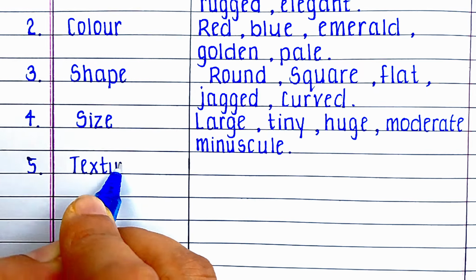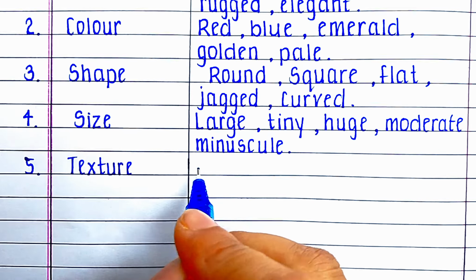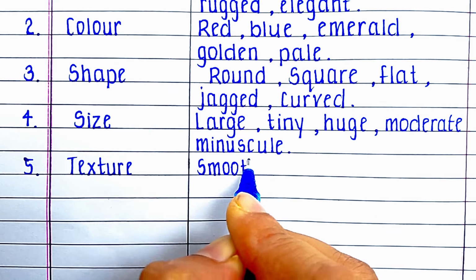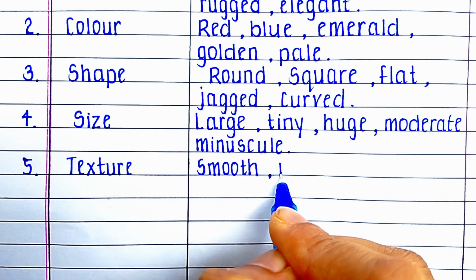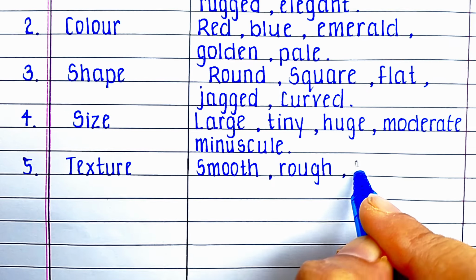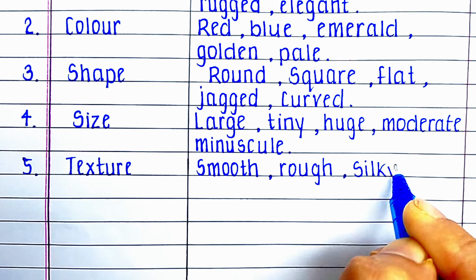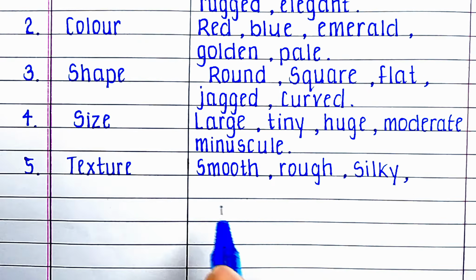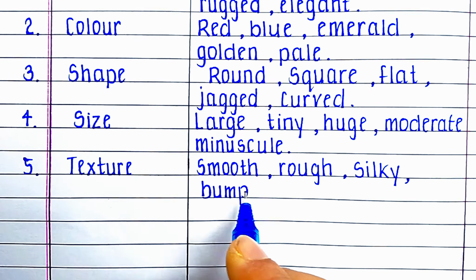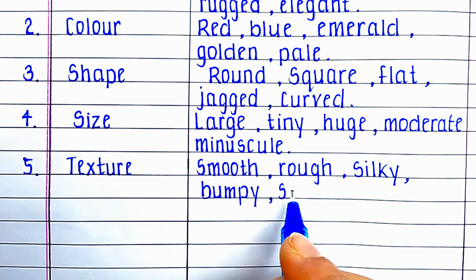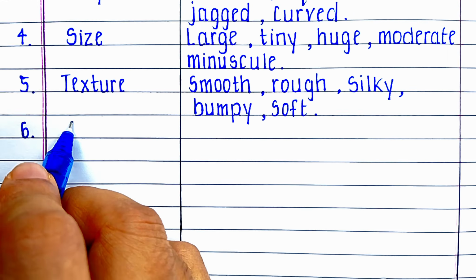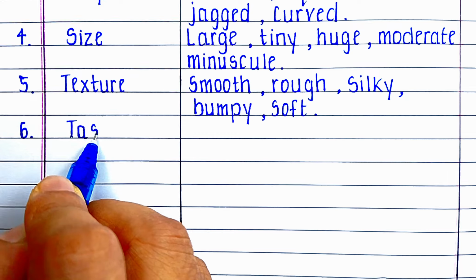Next category is texture. Descriptive words for the category of texture are smooth, rough, silky, bumpy, and soft. Next category is taste.